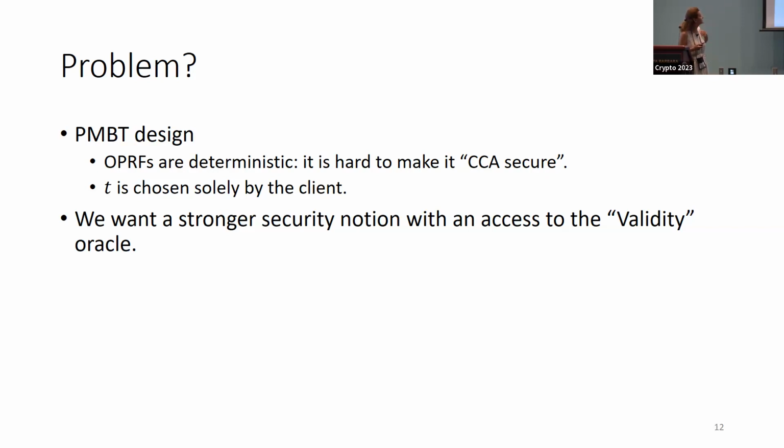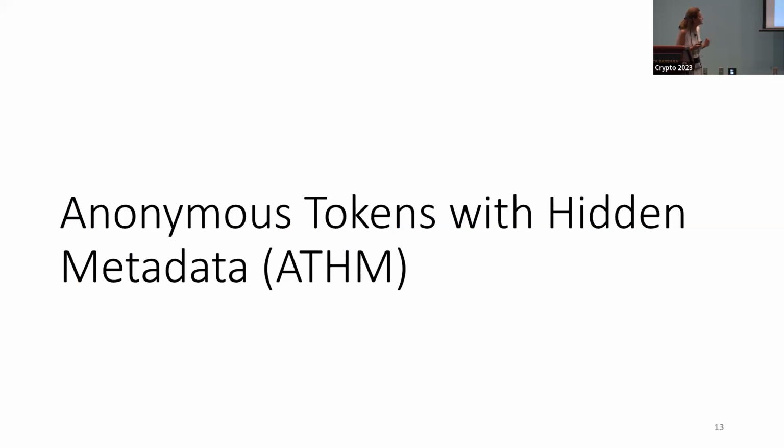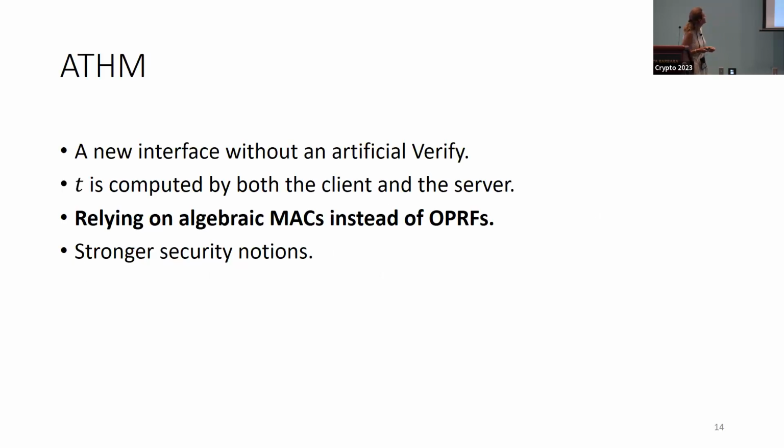Identifying these two things, we designed our protocol differently, with a stronger security notion, with access to the validity oracle, as opposed to PMBT. This is what anonymous tokens with hidden metadata, ATHM in short, does. We have an interface without the artificial verify algorithm. We will only rely on read bit. The tag T will be computed jointly by the client and the server.